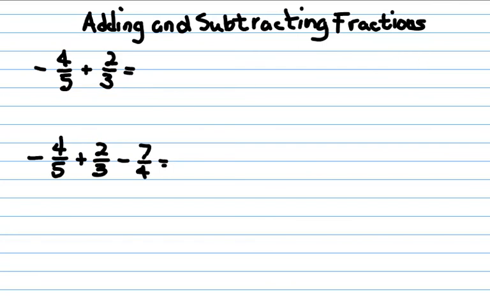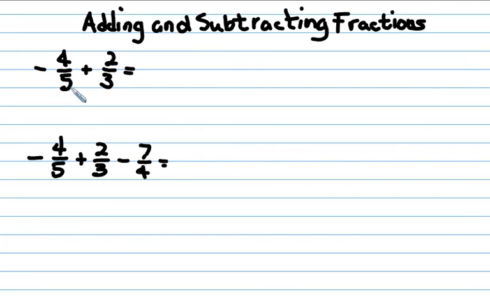Another thing that we have to realize about fractions is that fractions come in a lot of different flavors. This bottom number tells us how many pieces or slices a whole unit is divided into. So this represents a unit divided into 3 pieces, and I only have 2 of them.